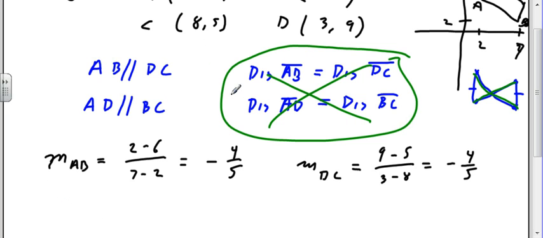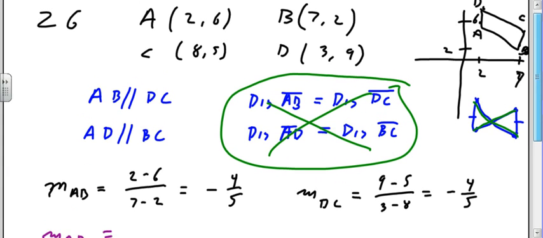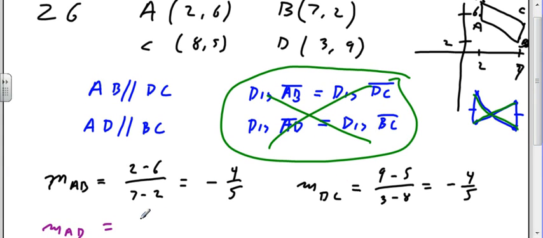Then I'm going to look at the slope of AD. Change in y, 9 minus 6. Change in x, 3 minus 1. So that slope appears to be 3/2. And then I'm looking at the slope of BC.